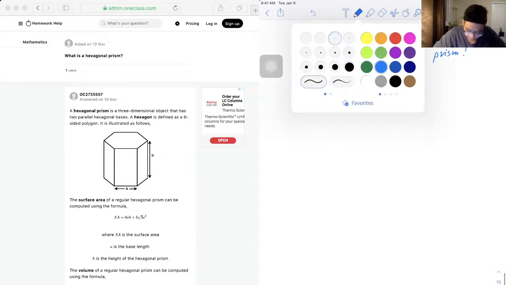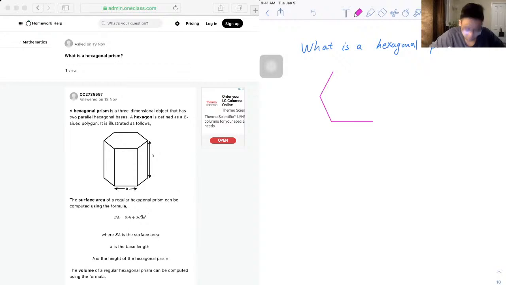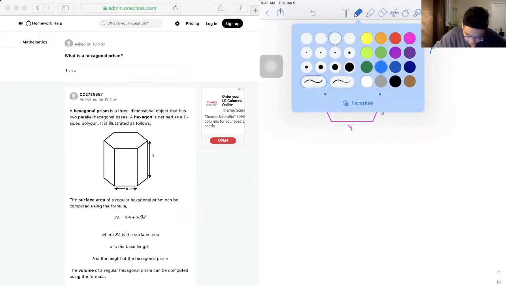So first let's draw a graph. Let's draw a hexagon. It should look something like this. There are 1, 2, 3, 4, 5, 6 sides. And as we mentioned before, it is a three-dimensional object that has two parallel hexagonal bases, so let's add it.